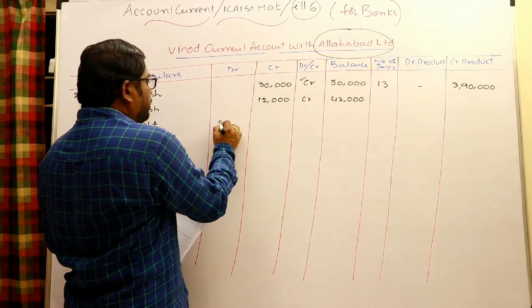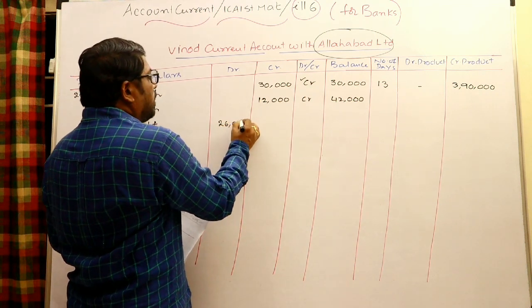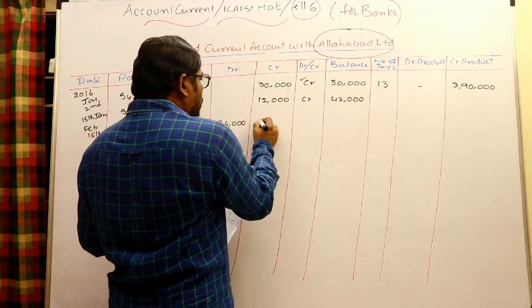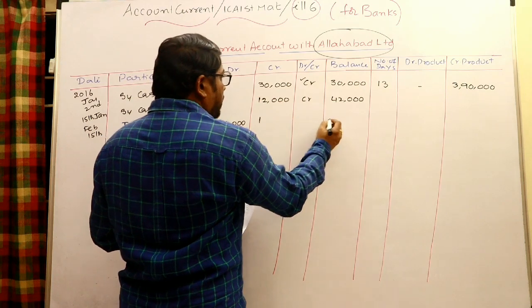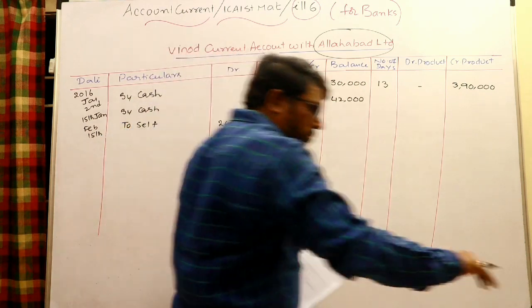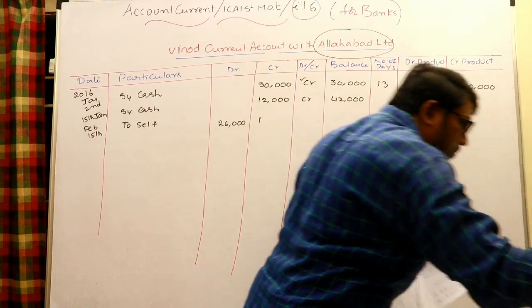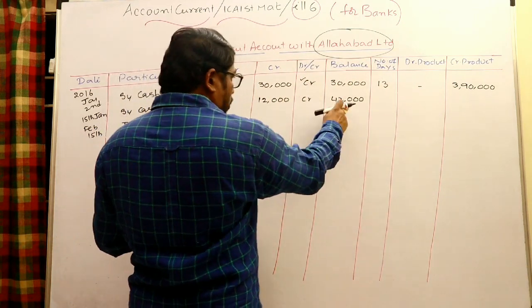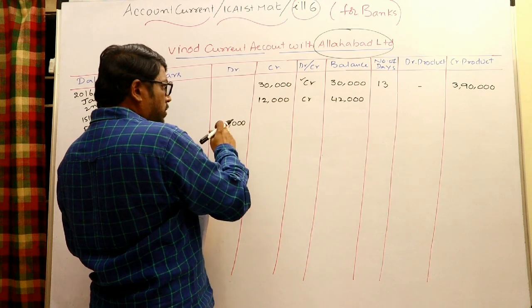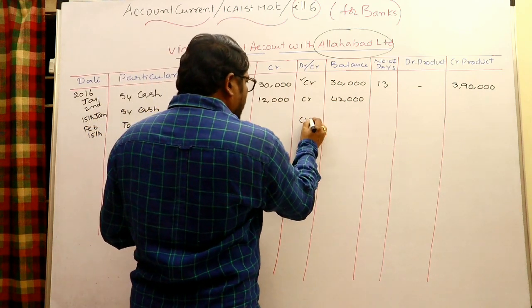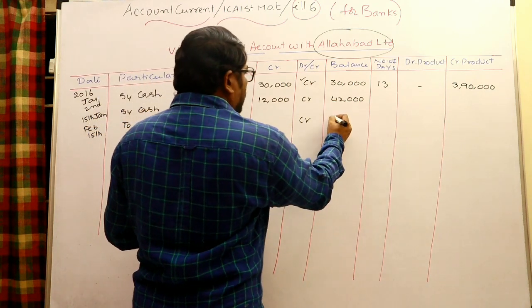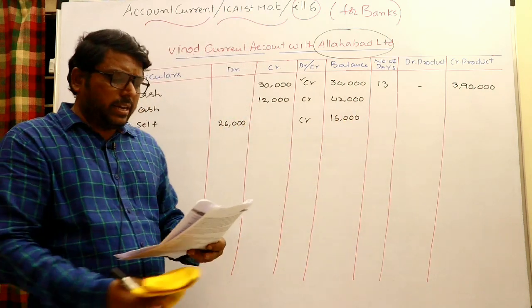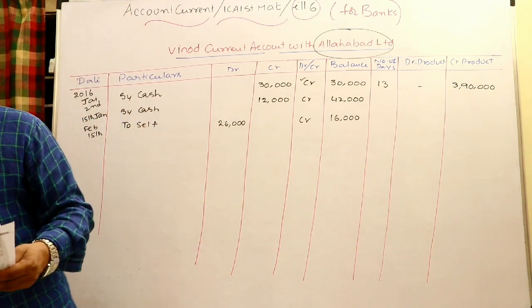Write it in the debit. 42,000 is there, so 26,000 withdrawn. Still you are having a credit balance of 16,000.